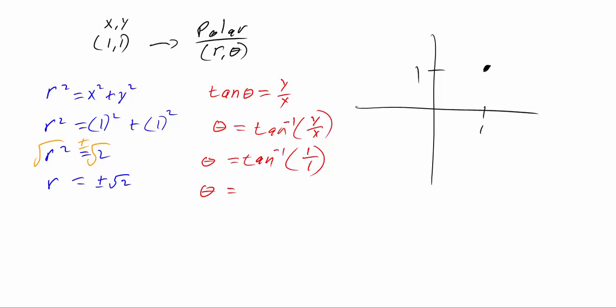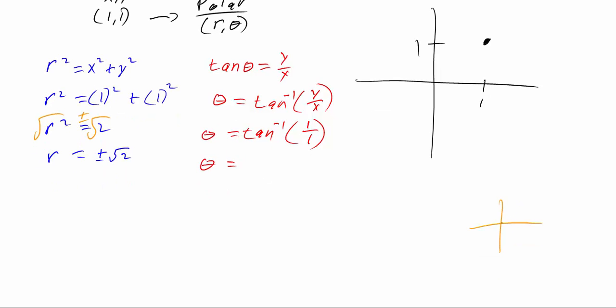If you think of our unit circle, where do we have y over x equal to 1? Well, if we look here in the first quadrant, that's going to occur at pi over 4 because the point here is square root of 2 over 2 for the x and square root of 2 over 2 for our y.